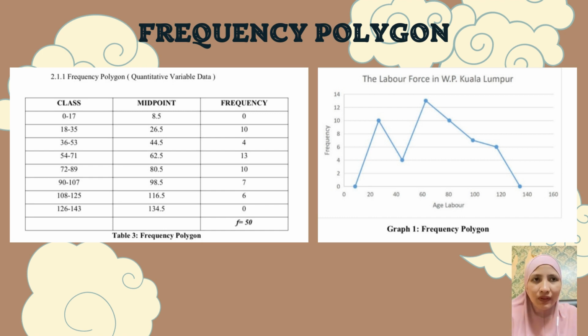Data for frequency is 0, 10, 4, 13, 10, 7, 6, and 0. The line for this graph must start from 0 and end with a value of 0.